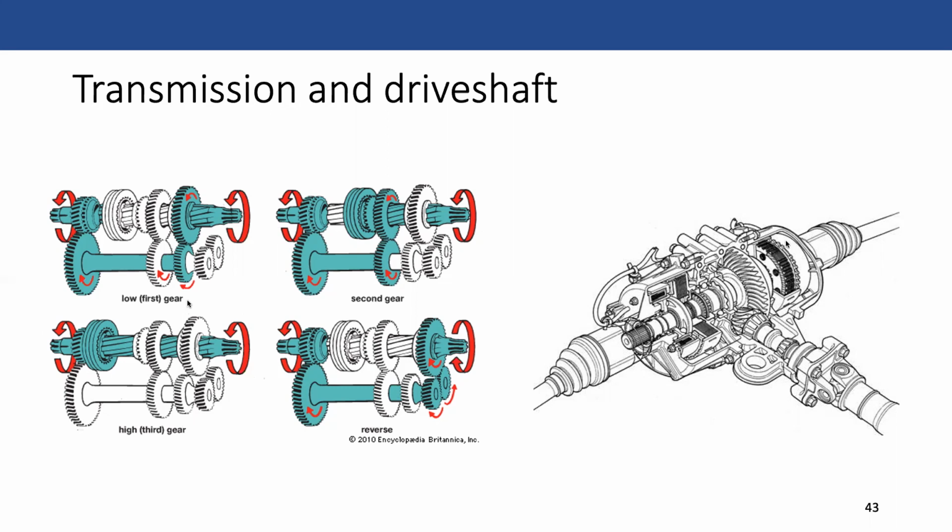Your wheels do not spin that fast. And so the way that you can go from the thousands of rotations per minute into the rotations of your wheel is through the transmission.